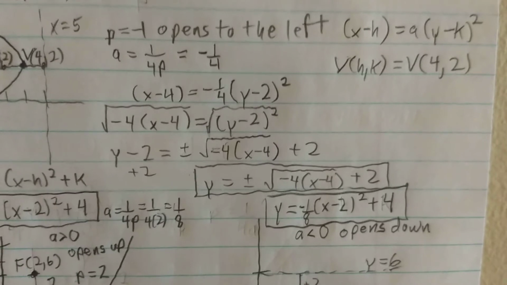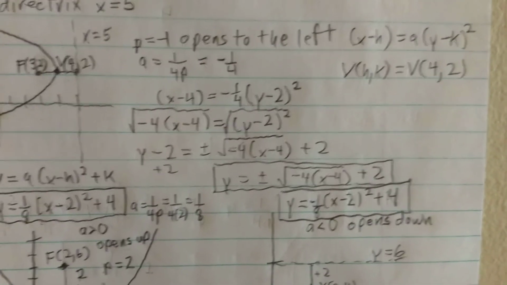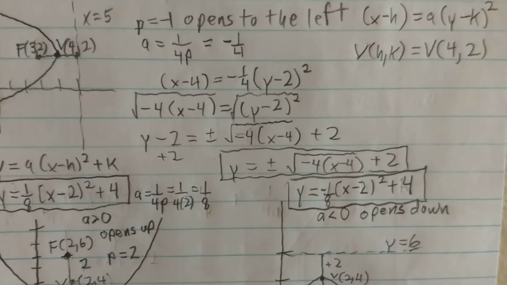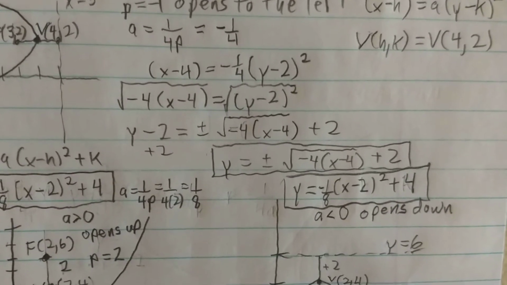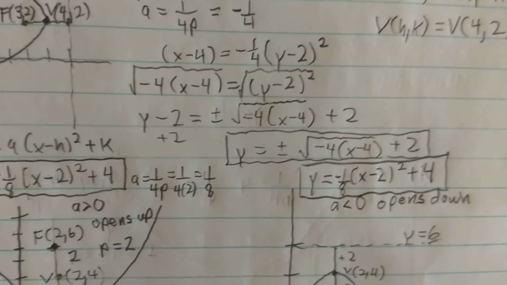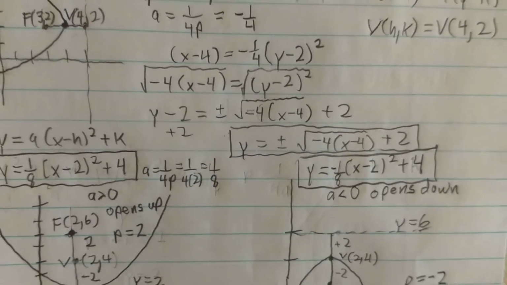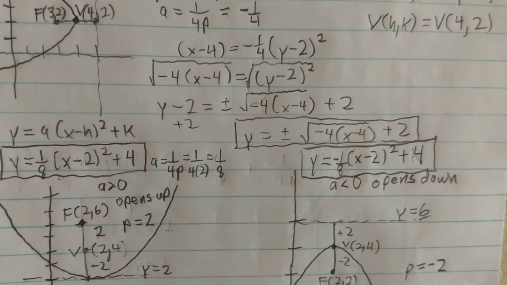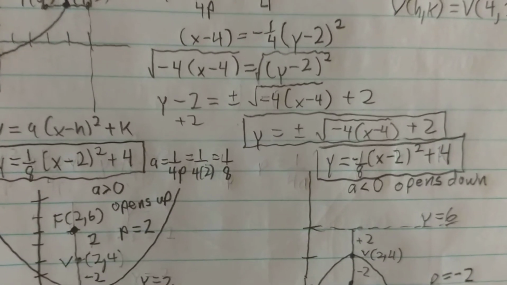Now the vertex is (4, 2), so plugging in we have x minus 4 equals -1/4 (y minus 2)². Now multiplying both sides by -4, that gives us -4(x minus 4) is equal to (y minus 2)².